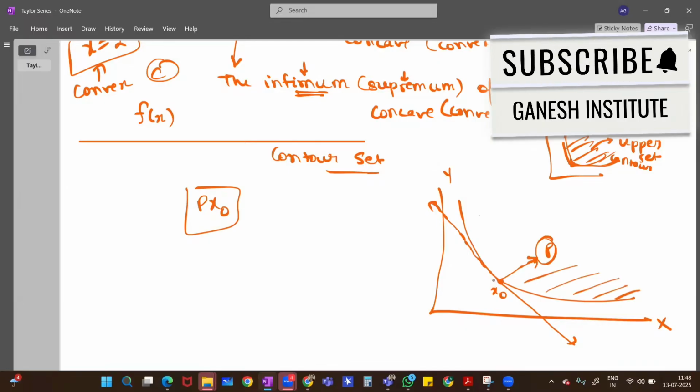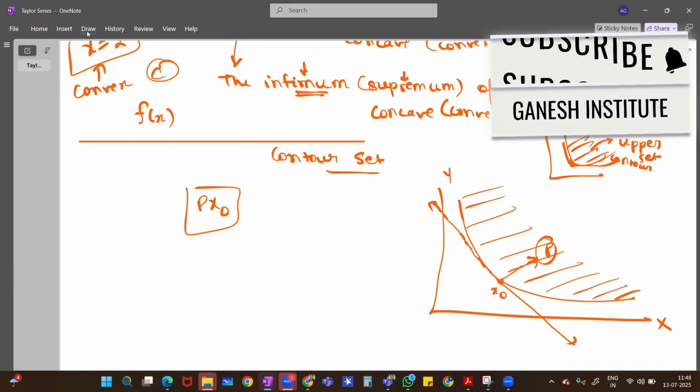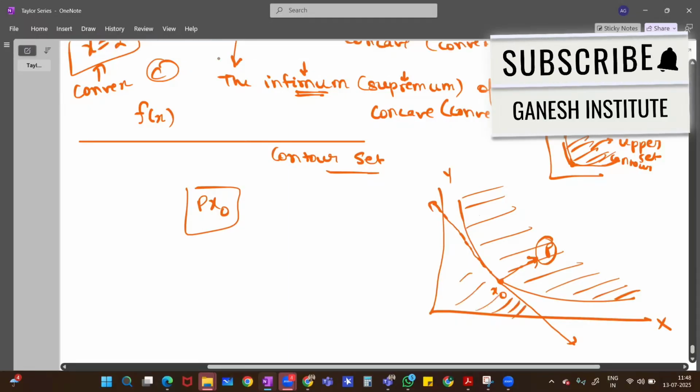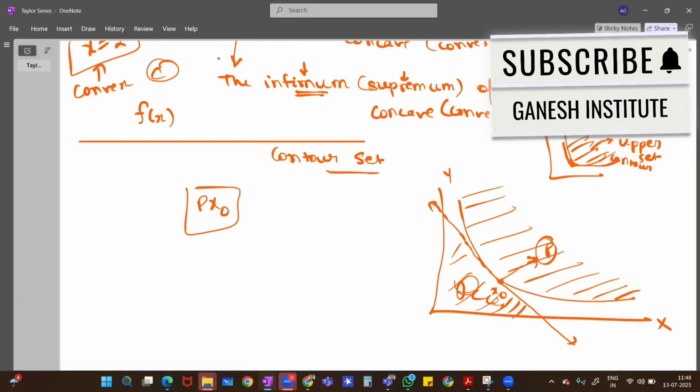All those values which are greater than x naught, right? And for lower contour set, of course, I cannot have those values which are below the tangent, because this is not lower. Why? Because this is not even my graph and the expanded version of graph, the curve.